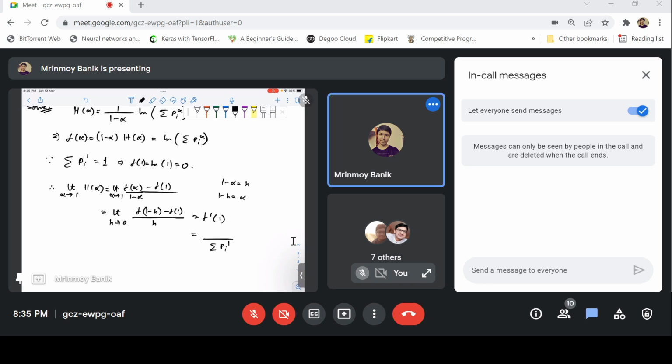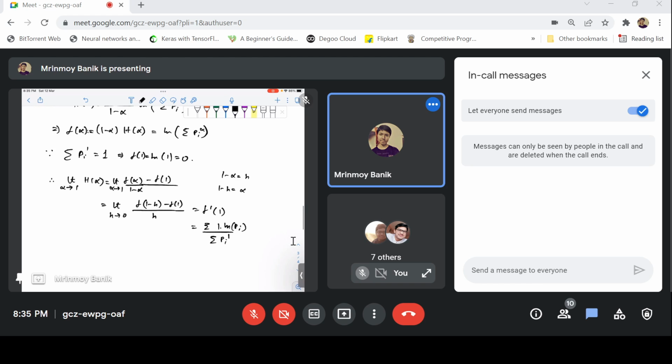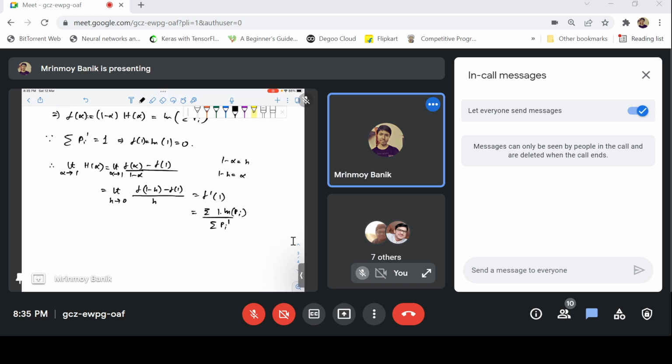So 1 ln pi. Sum over i, right? Denominator goes to 0. It's just sum over pi ln pi.